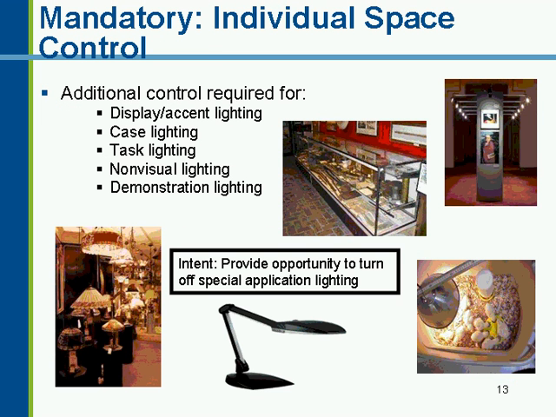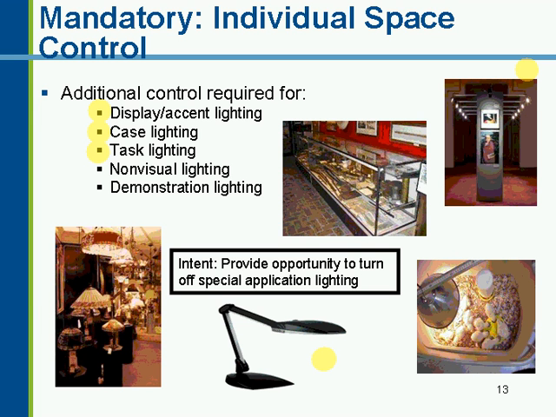There are some other mandatory requirements having to do with the lighting application, not necessarily a specific space, but the actual application of the lighting. One of those would be display and exit lighting, similar to the upper right photo where you're highlighting some displays or artwork. Another one would be case lighting. Lighting that's within a case is exempted. If you have task lighting, such as the desk lamp down at the bottom, that's not exempted.